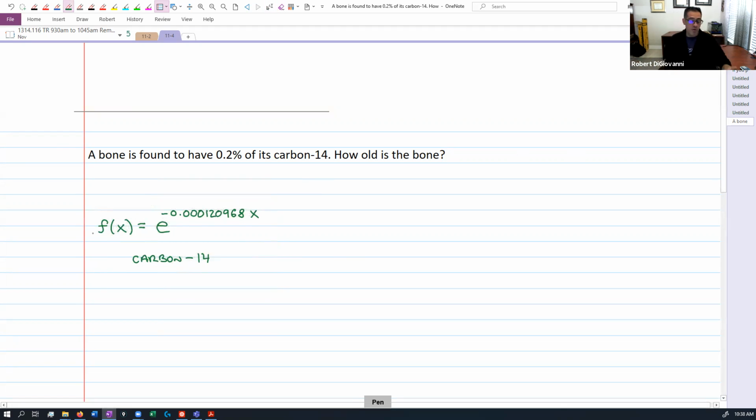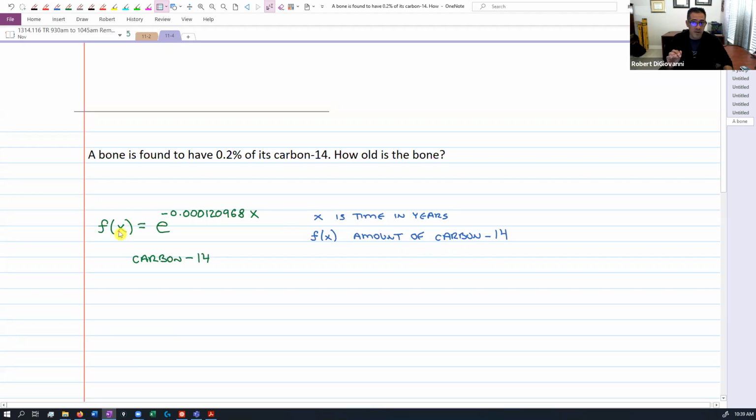Now, I just want to remind you that x in this formula is the time in years and f of x is the amount of carbon-14. In other words, for this function, you plug in x as the time, how old something is, and what the function spits out is how much carbon-14 is there.